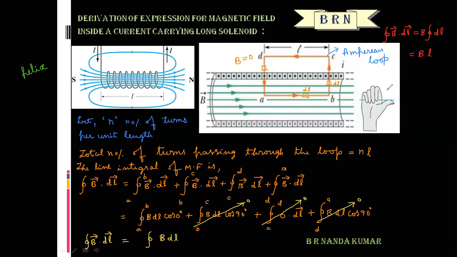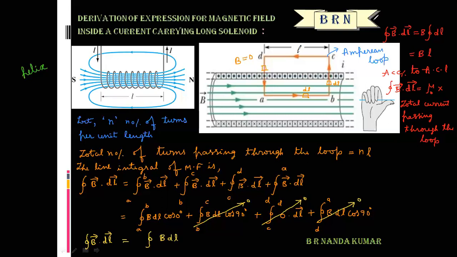Okay. Now, according to Ampere's circuital law, the line integral of magnetic field around any closed circuit is equal to mu naught times the total current passing through the loop.